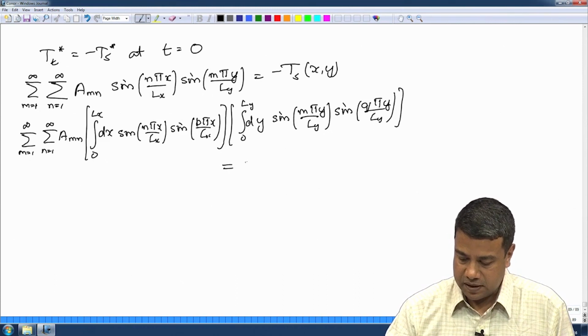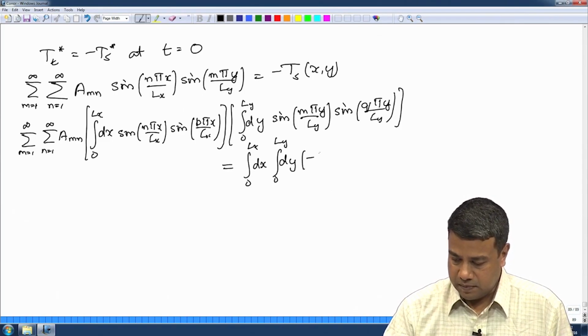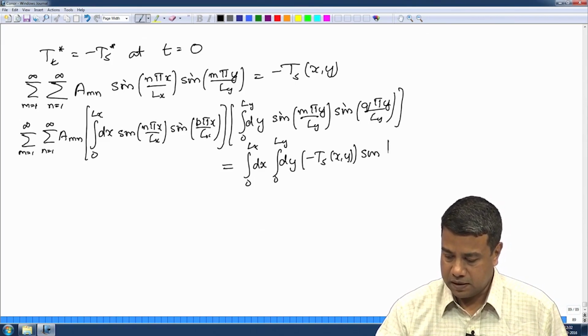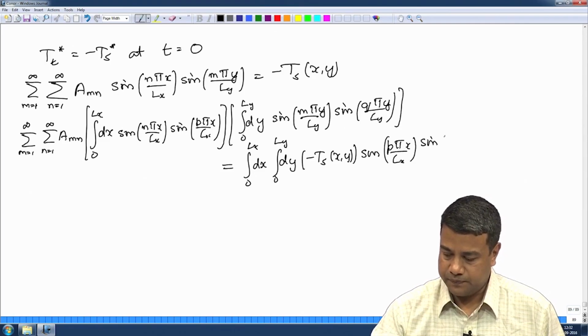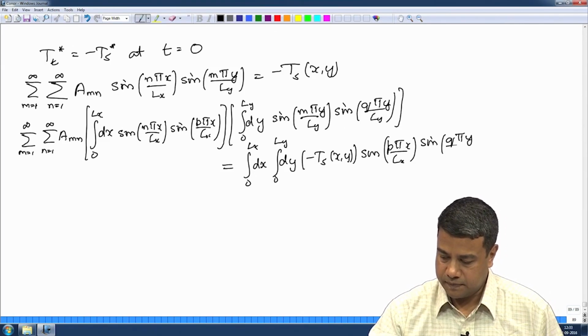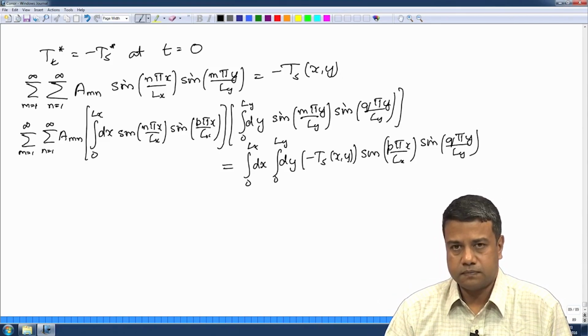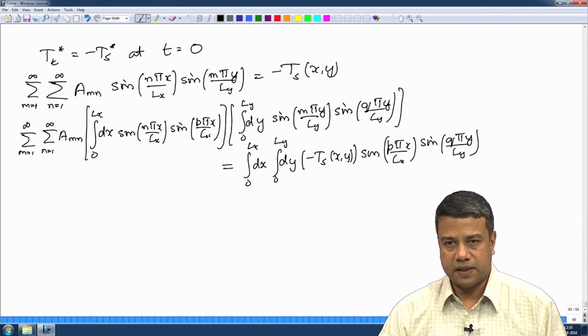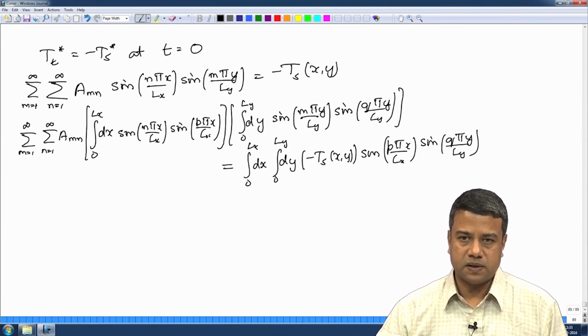On the right hand side, I will have integral 0 to Lx dx, integral 0 to Ly dy, minus the steady solution of x and y, times sin(p pi x by Lx) sin(q pi y by Ly). So, I just multiplied both sides by sin(p pi x by Lx) integrated from 0 to Lx, and sin(q pi y by Ly) integrated from 0 to Ly.